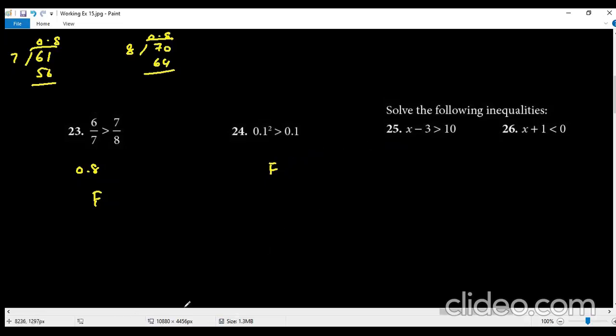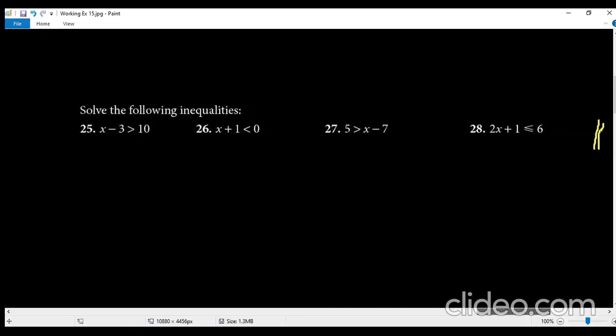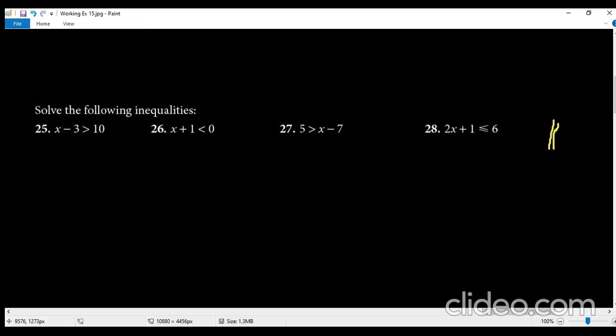Now moving on to question number 25. Here, you need to solve the following inequalities. Here, we treat these inequalities as equations, and I am going to write something like this: 10 plus 3. So x is greater than 13. This means that any value you choose for x has to be more than 13 to make this statement true.